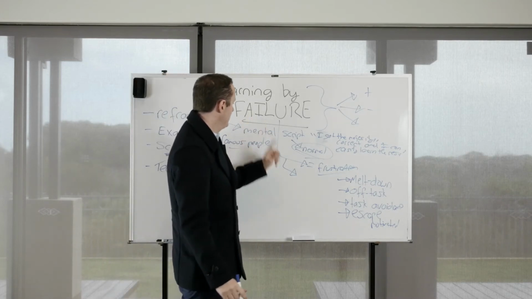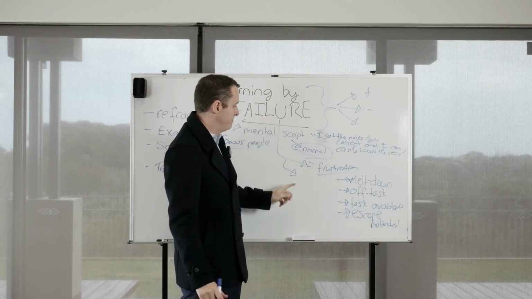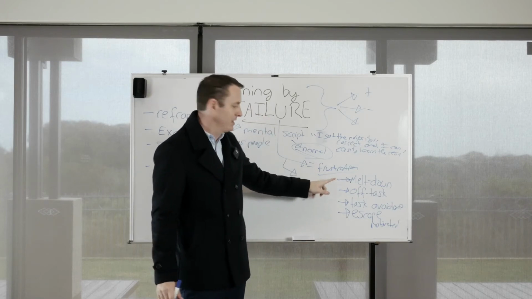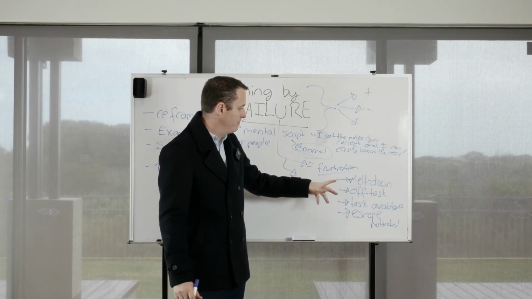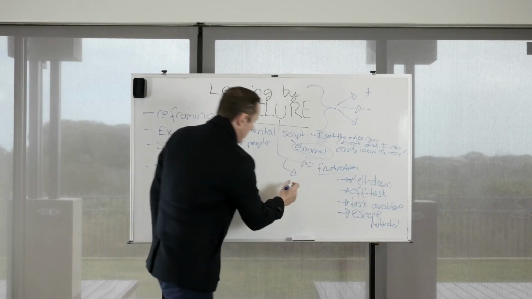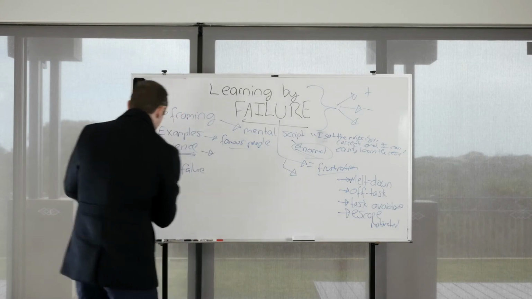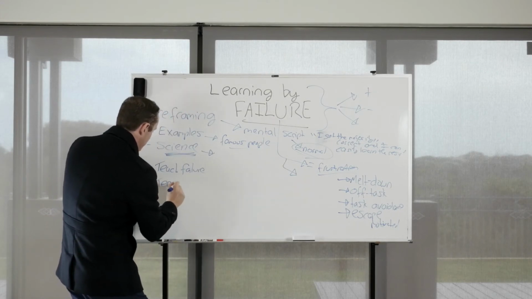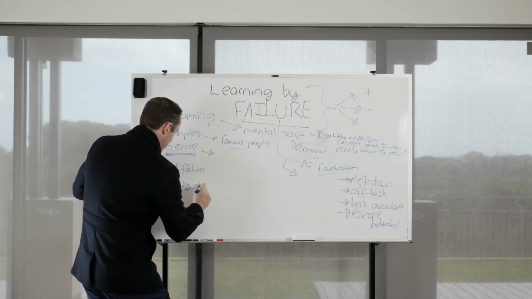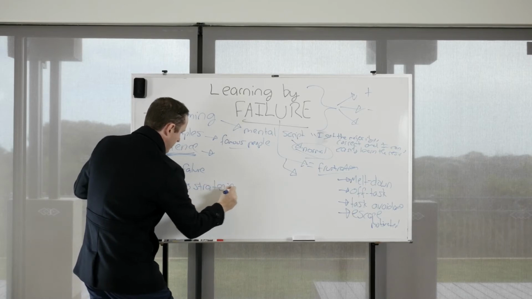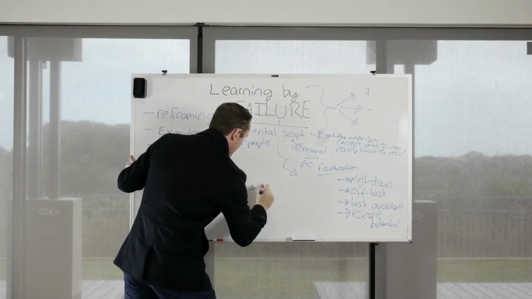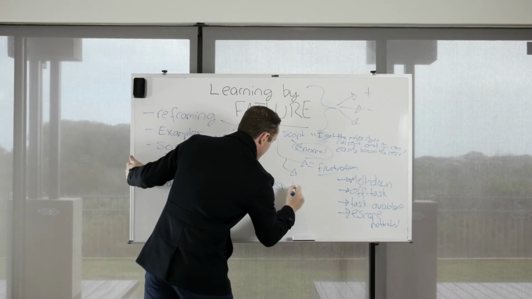Now, there's other different things that we can teach students how to deal with this, and sometimes it's just simple things like being able to use teaching strategies, which is another one. Now that includes, for example, process learning.